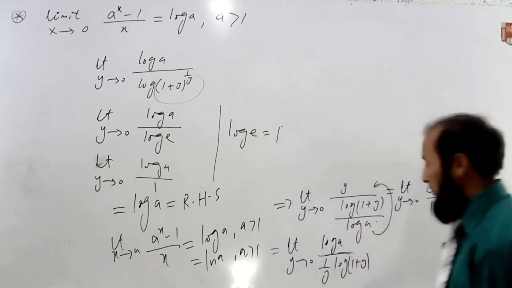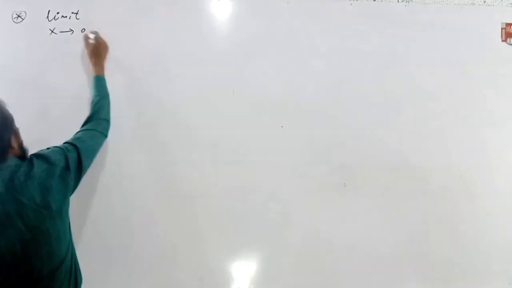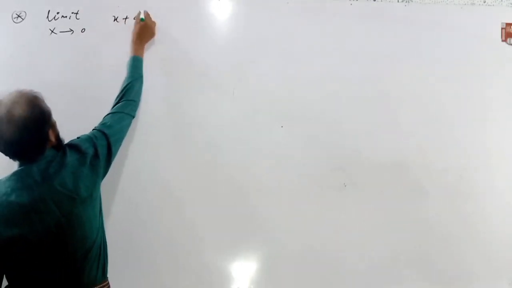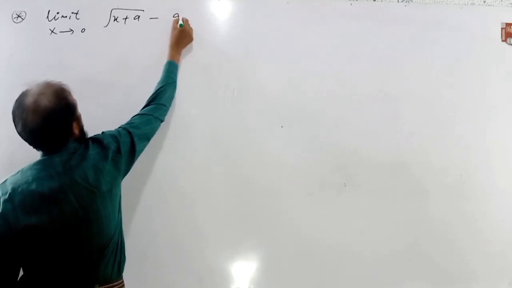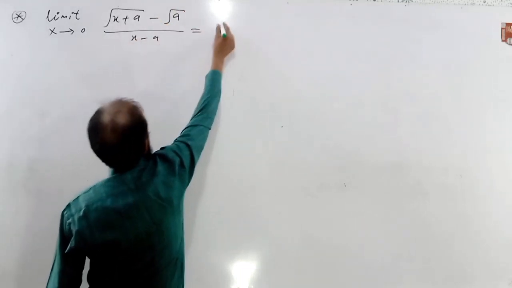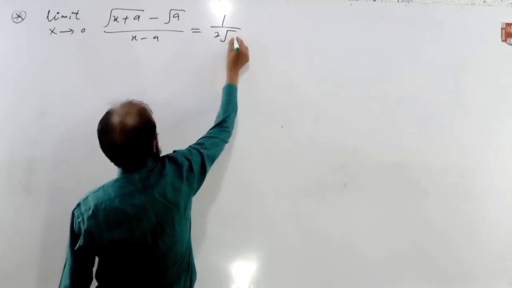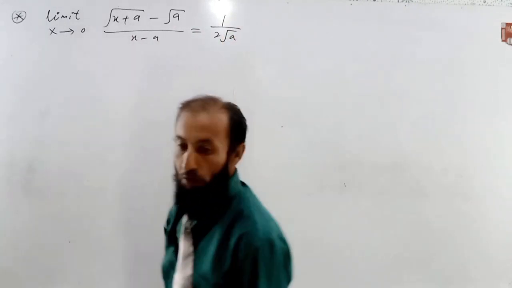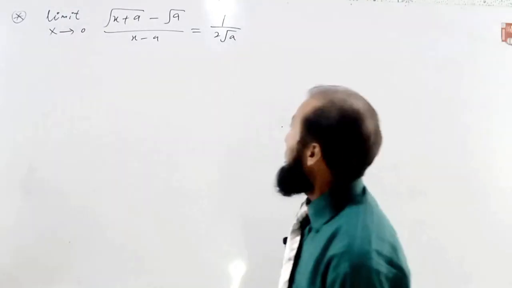Both results are done. Now another important result: limit x tends to 0, square root of x plus a minus square root of a divided by x is equal to 1 by 2 square root of a. We want to prove this result.